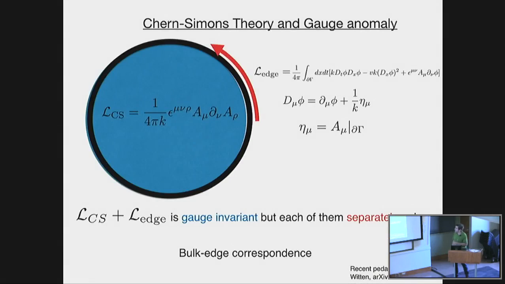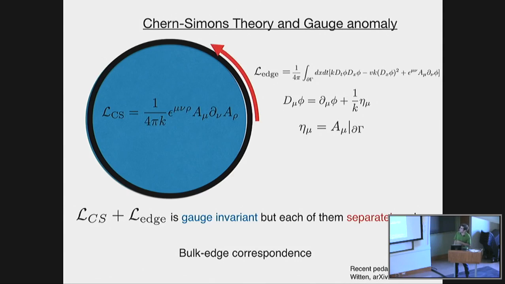Okay. The way that we can actually fix this extra edge term is that we should add some chiral edge state. So basically, what I said is that if I have a Chern-Simons Lagrangian, which means that I have some topological bulk property, then my edge should also have a topological edge property.